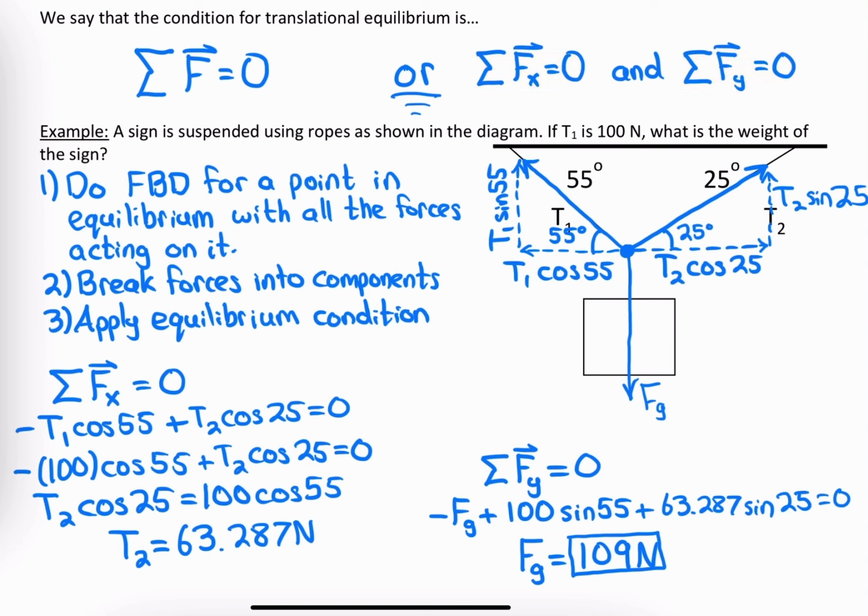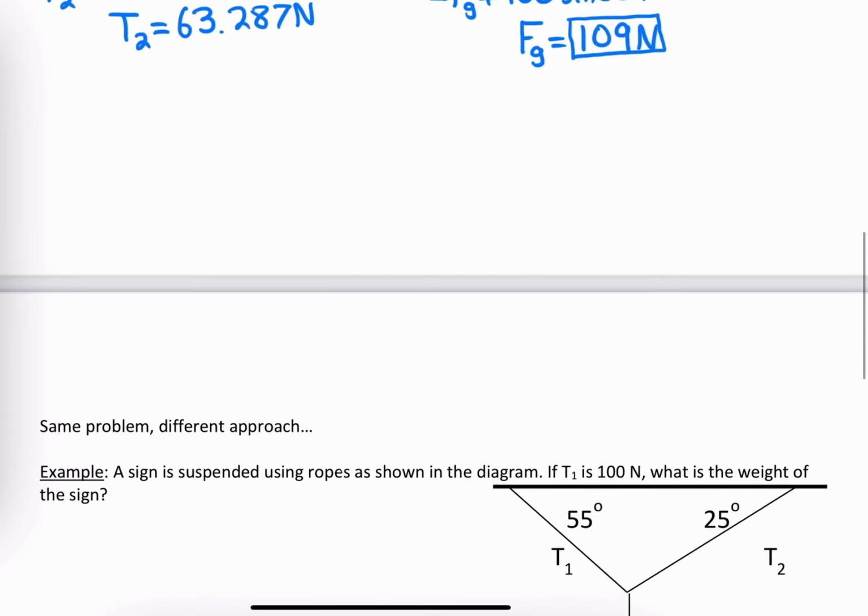So in our first approach, we looked at this way. In our second approach, we're going to try now, we'll just apply this formula directly without looking at X and Y separately.